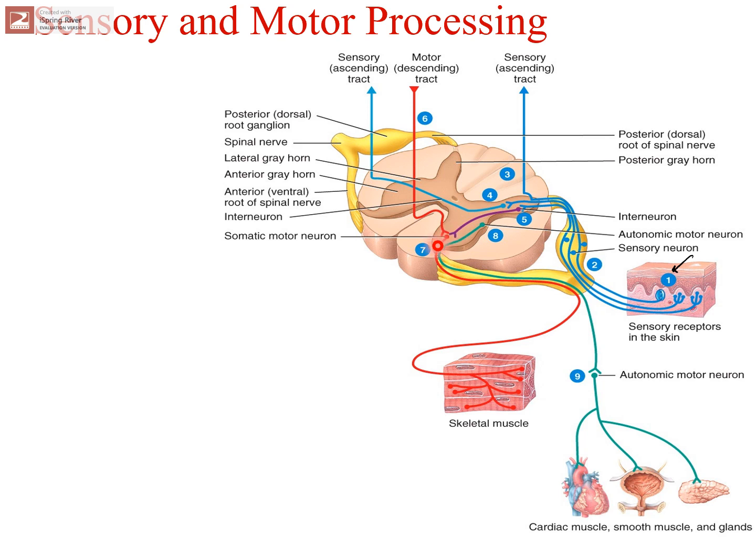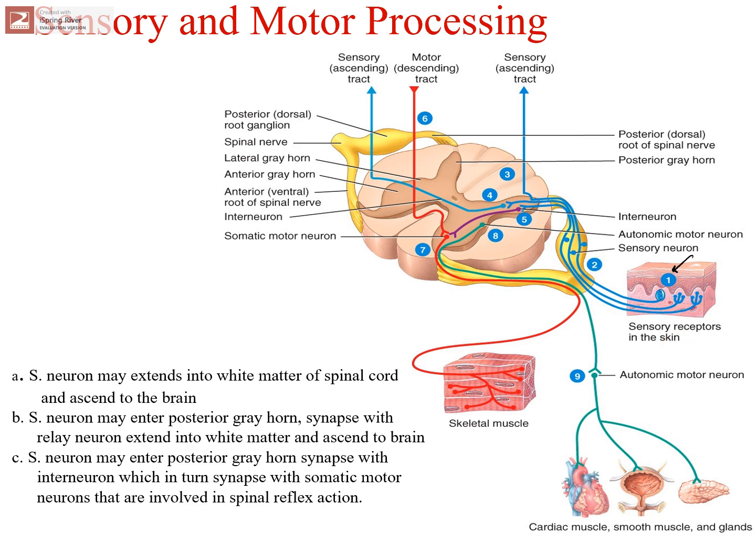These interneurons can in turn synapse with the motor neurons, and these motor neurons can be involved in the spinal reflex pathway. So these motor neurons convey the information to the skeletal muscles of your arm, and then you pull your arm away. So these are the three possible pathways for processing of sensory information from an external environment.